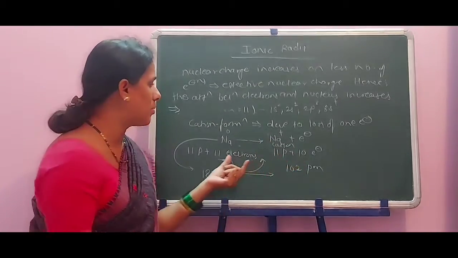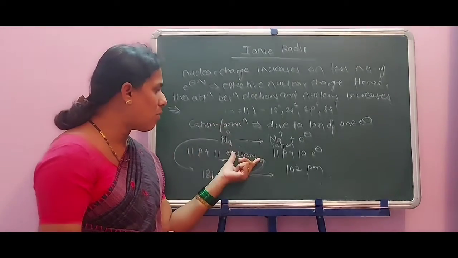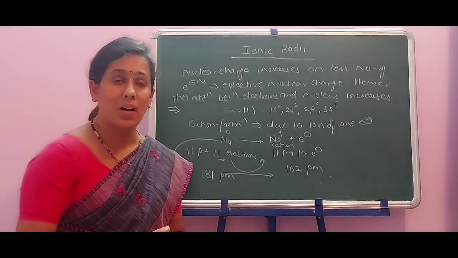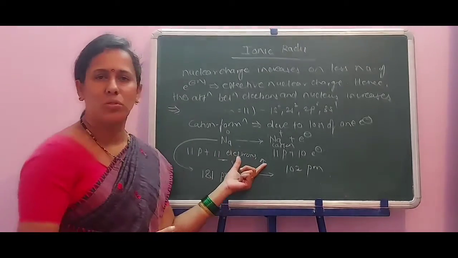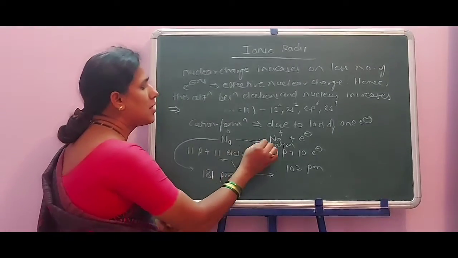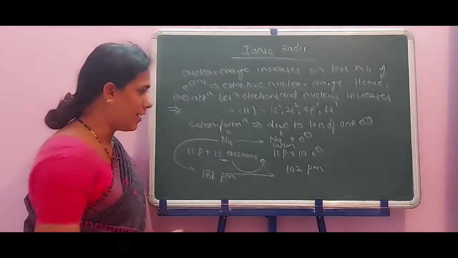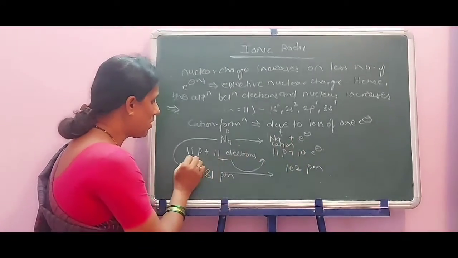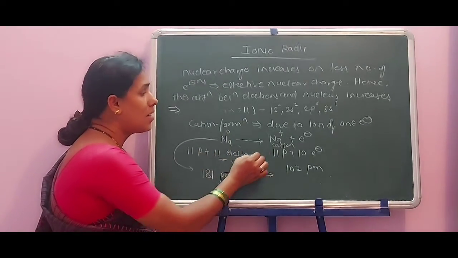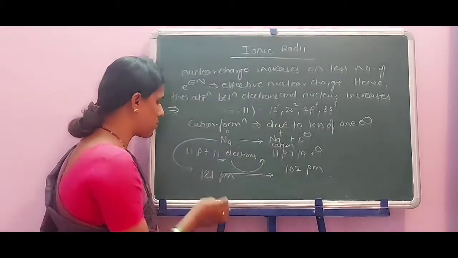I am again reminding you that a cation is formed by the loss of electron, and loss of electron is nothing but oxidation. Already you know the definition of oxidation. For example, sodium in metallic state gives rise to sodium ion with loss of one electron. In metallic state there are 11 protons and 11 electrons, while in the cation there are 11 protons and 10 electrons.